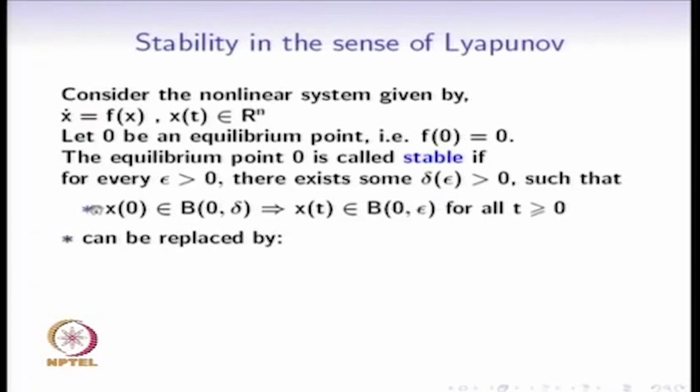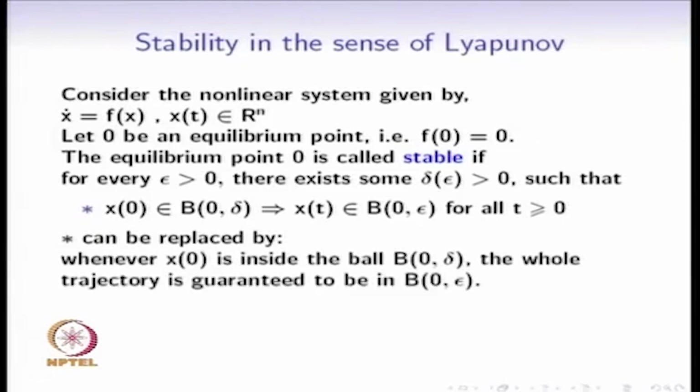This star condition here is a very important condition, where the epsilon comes in is a very important part of the definition. This star can also be replaced by: whenever x0 is inside the open ball of radius delta centered at the origin, the whole trajectory is guaranteed to be inside this other epsilon ball.